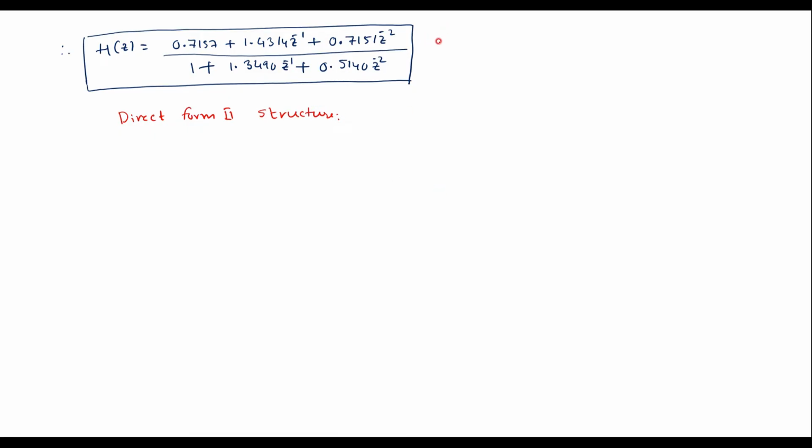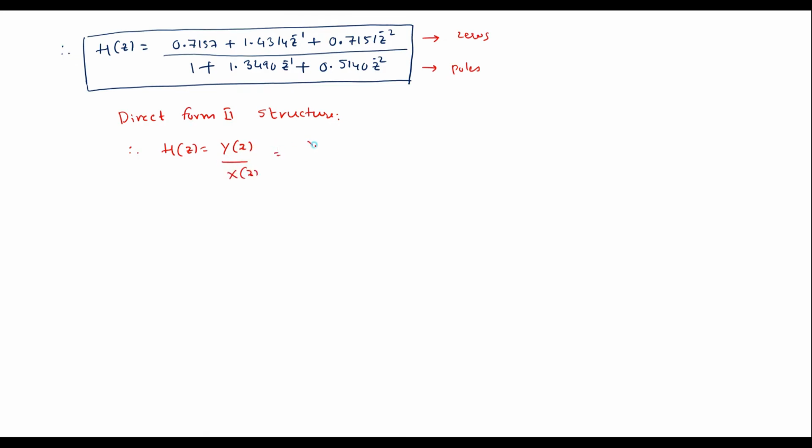So we know that in an IIR filter the numerator is with respect to zeros and the denominator is with respect to poles. Therefore now I can represent the transfer function H(z) as H(z) = Y(z)/X(z).